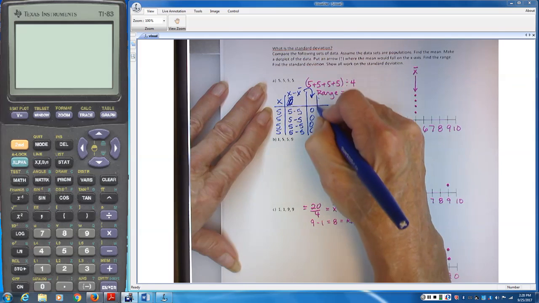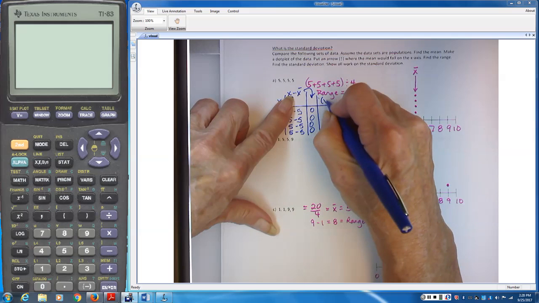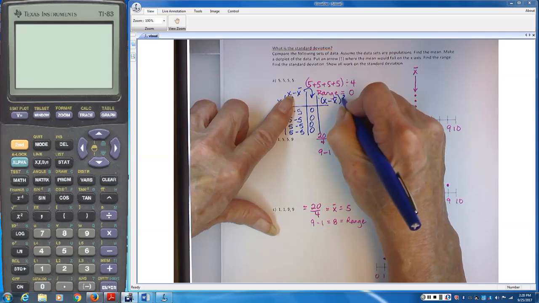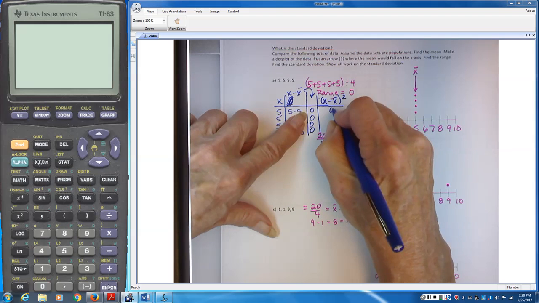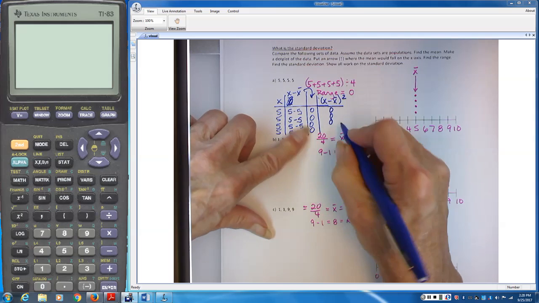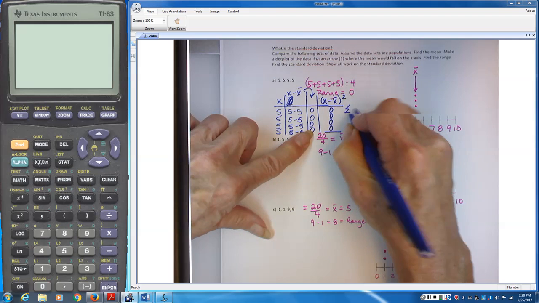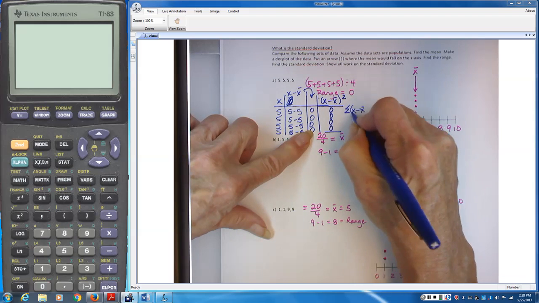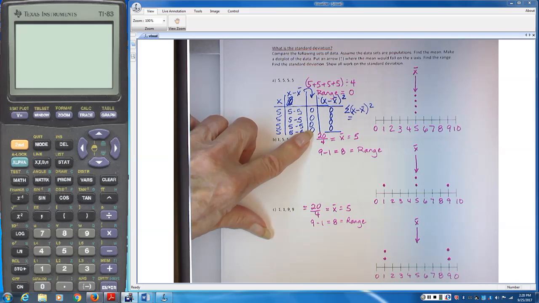And then we're going to take that quantity, x minus x bar, and we're going to square it. 0 squared is 0, 0 squared is 0, 0 squared is 0, 0 squared is 0, and then we're going to add it up. That ought to be easy enough. 0 plus 0 plus 0 plus 0 is 0.